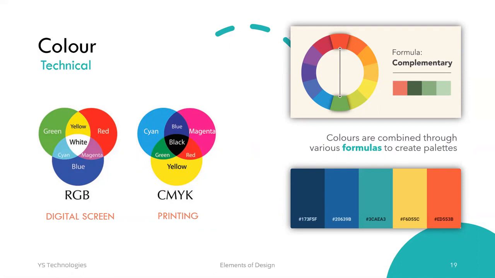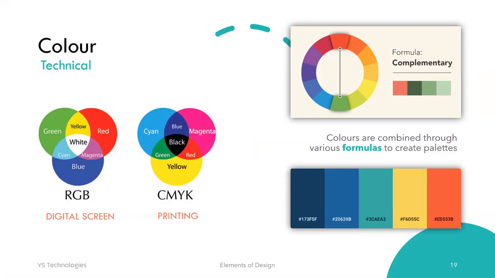Primary colors are the true colors which are combined to create secondary, tertiary, and other colors. For the digital screen, which is what we will be using mostly, the primary colors are red, blue, and green. For instance, combining red and green, we get yellow. And these combinations are contained within the color wheel, which we see on the top right here.